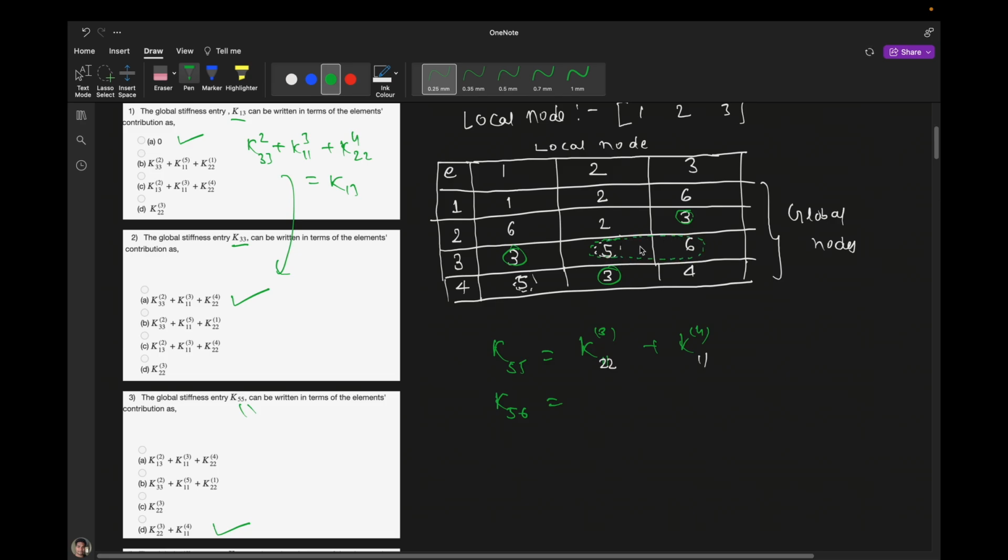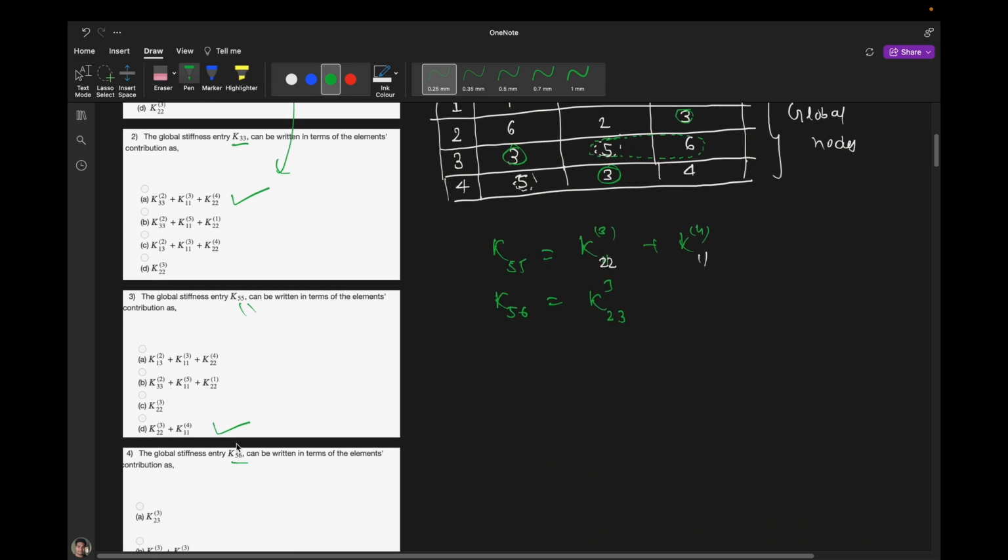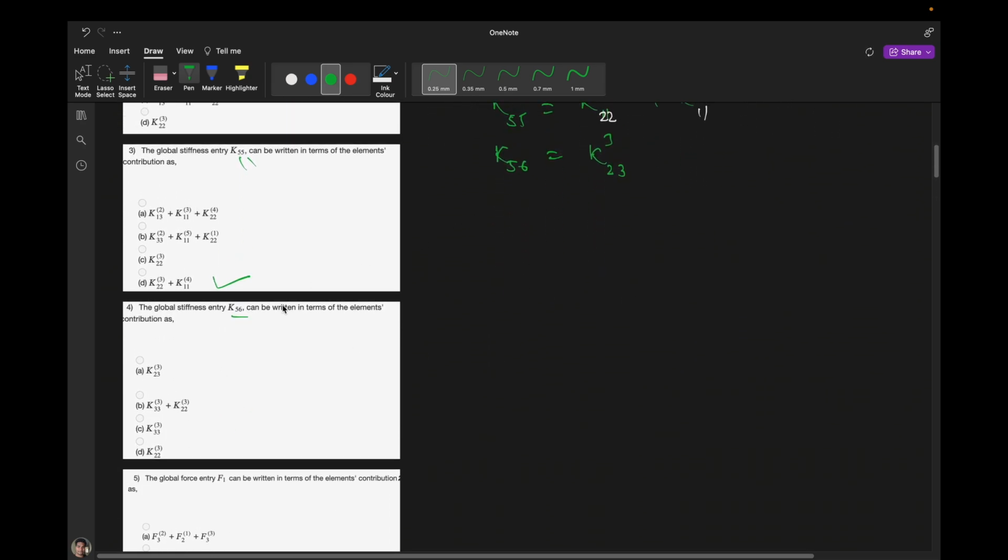Any other element which is shared by the local node 5 6? No. Okay, so only it is shared by element 3. And what is the local node for k56? That is 2 and 3. So that's why the answer will be k3 2 3.